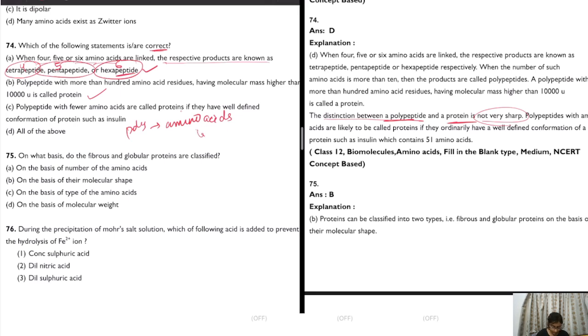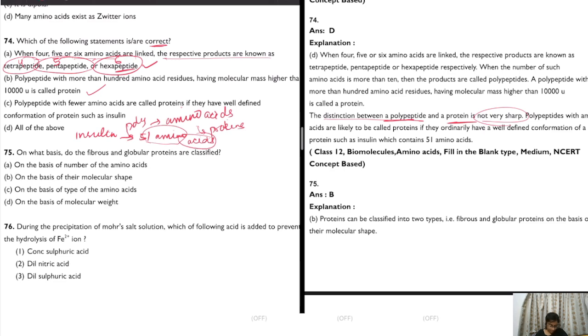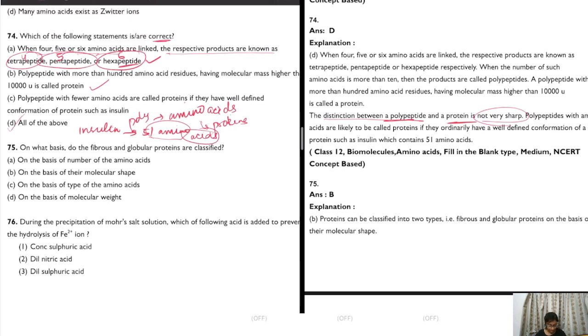And for insulin, we have 51 amino acids. So it is kind of with the fewer amino acids. This is protein and this is for insulin. So C statement is also correct. So our answer is D, all of the above.